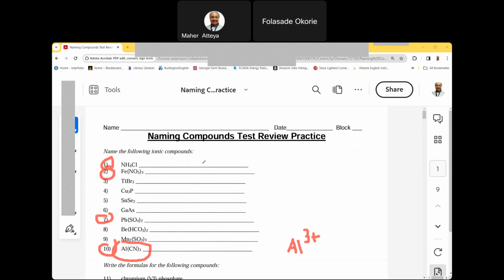That is ammonium chloride. Ammonium chloride, correct.